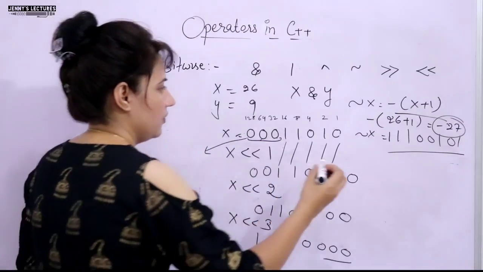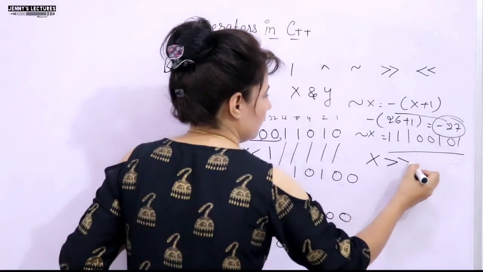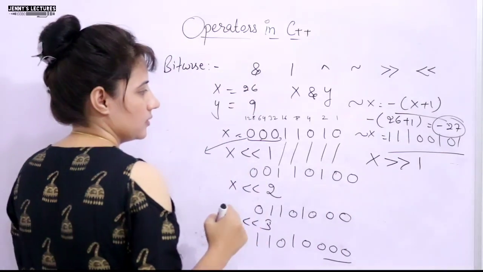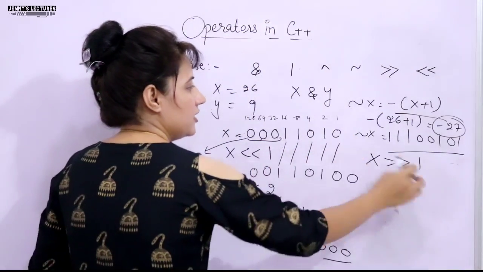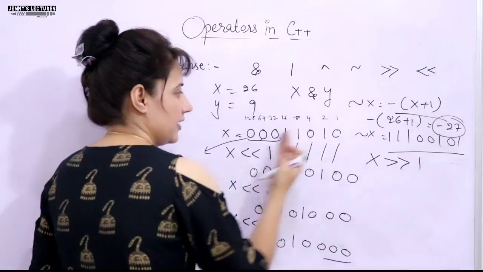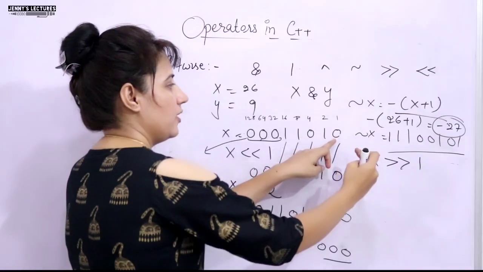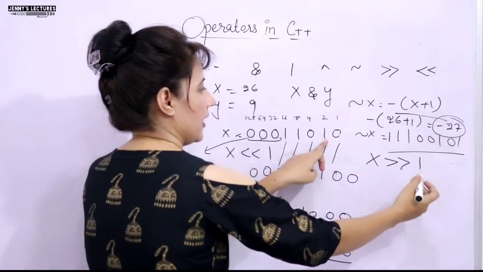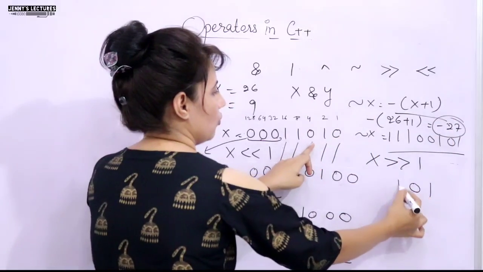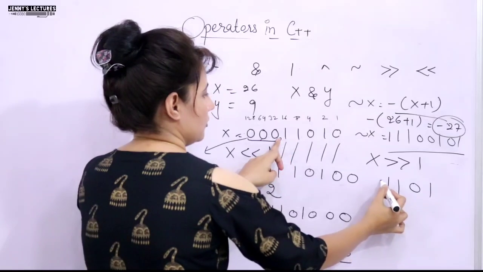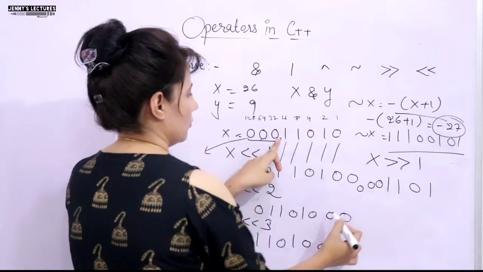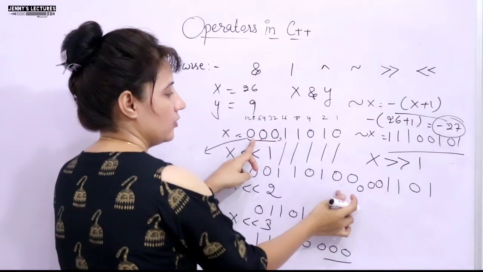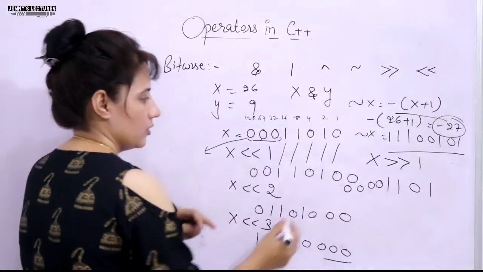Right shift, if I say x right shift 1, means shift to the right side. This is the right side, this is the left side. So 1 bit from the right side would be discarded. I'll write from here 1 0 1 1 0 0 0, and here the 1 place would be filled with 0.